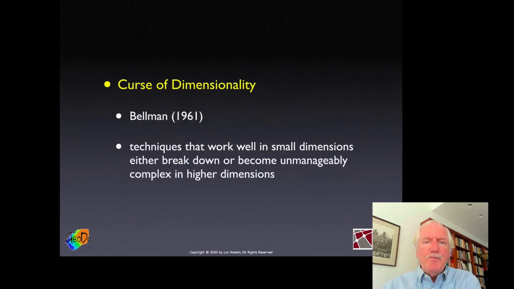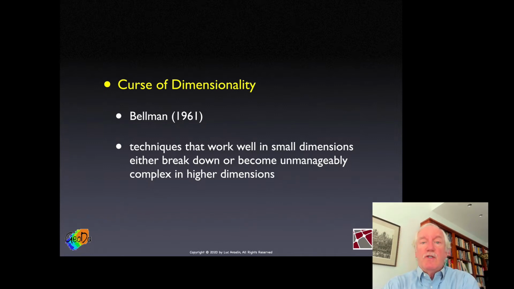One of the major problems related to multivariate analysis is called the curse of dimensionality. This term was coined very early on, in 1961, by Bellman. In essence, it means that what works in small dimensions, 1, 2, 3, doesn't necessarily work in large dimensions.